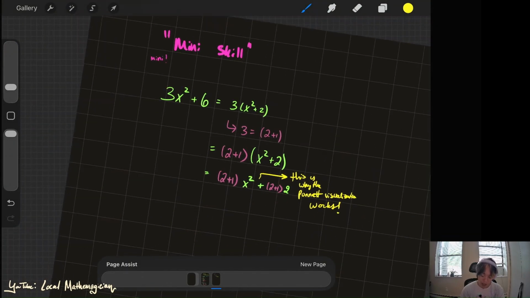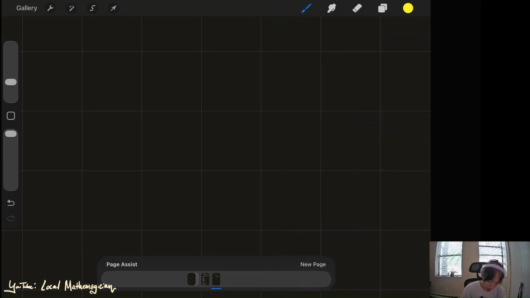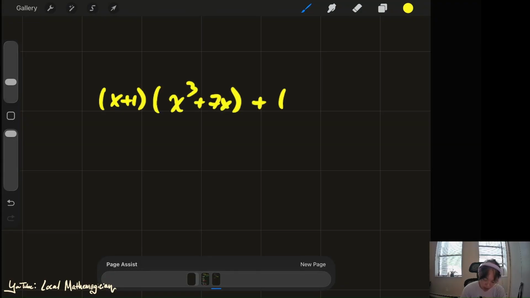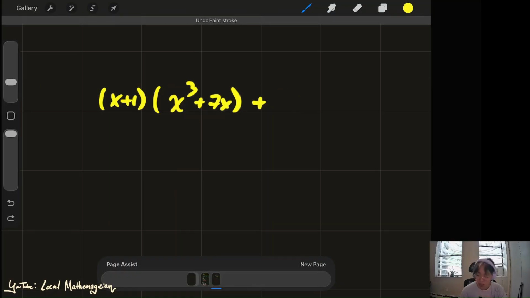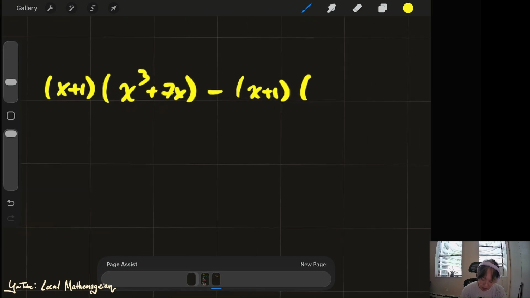Well, if these are the same, then you can do something a little funny. You can say, if I have x plus 1 times x to the third plus 7x, minus, really, you can do minus, sure, why not, minus x plus 1 times pi x to the fifth plus 16. Who cares what pi is? Pi is just a number. Don't worry about it.